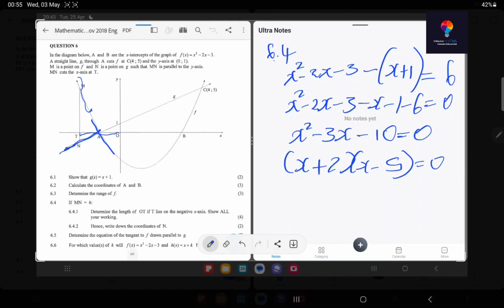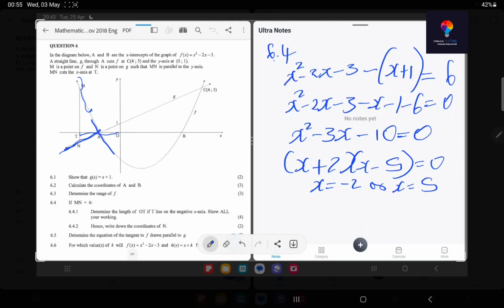And then multiplying positive 2 and minus 5 is going to give us minus 10. Then we solve for x. x is going to be minus 2, or x is going to be 5.